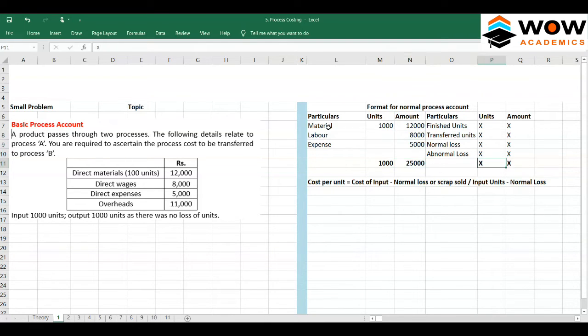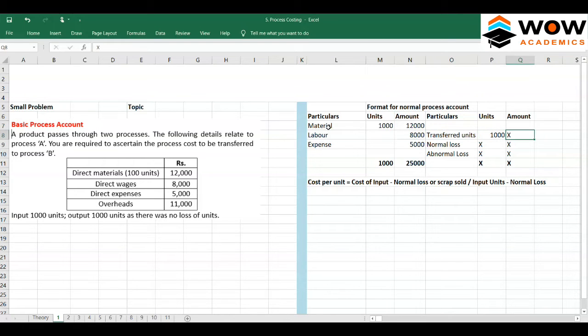Now the finished units which is going to be transferred is again 1,000 and the rate we don't know. We'll just put it as a question mark. See, it's getting transferred from process A to B, so 1,000 would be here. It's not a finished unit, it's a transferred unit.